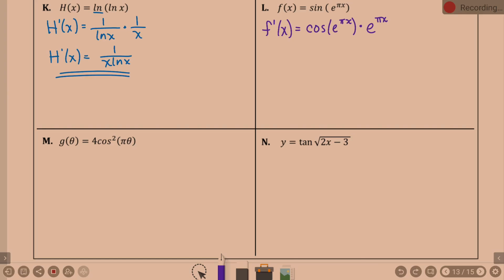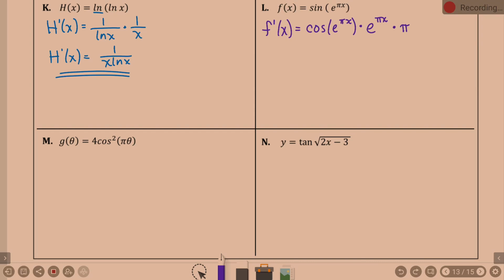What's the derivative of something? Or in other words, what's the derivative of pi x? It's just pi, because pi is a number, right? Like the derivative of 3x is 3, the derivative of pi x is pi. Gotcha. And now we just took the derivative of a plain x term. So we're done.